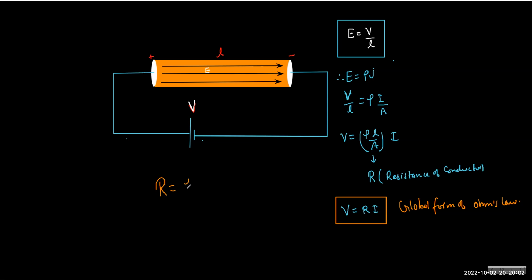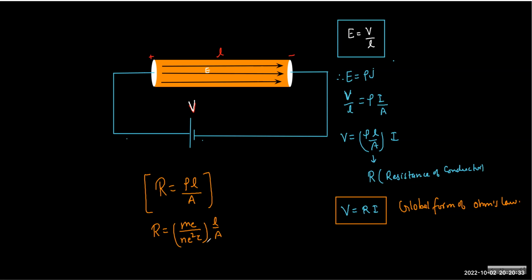and again it represents some sort of property. If you look in a deep sense, R has rho itself, which is quite deep. It has m by n e squared tau.